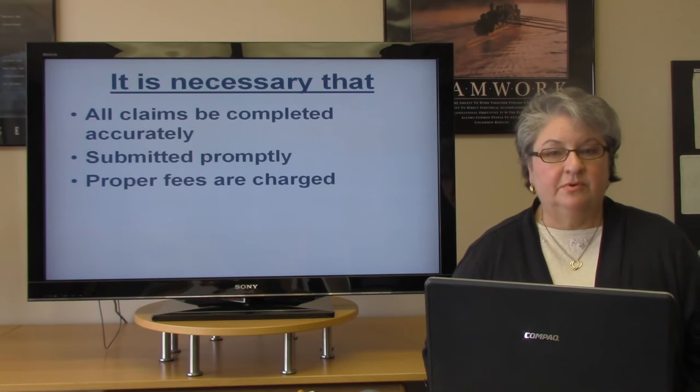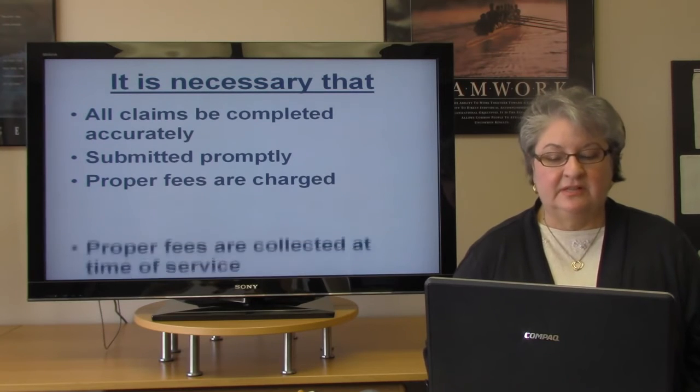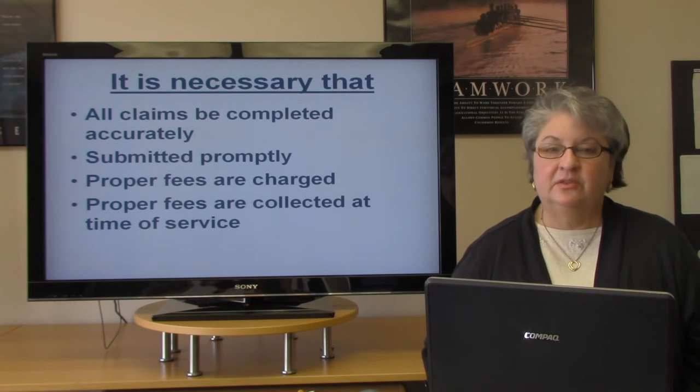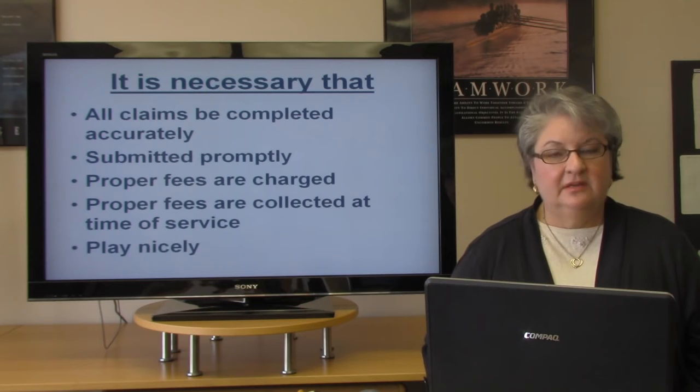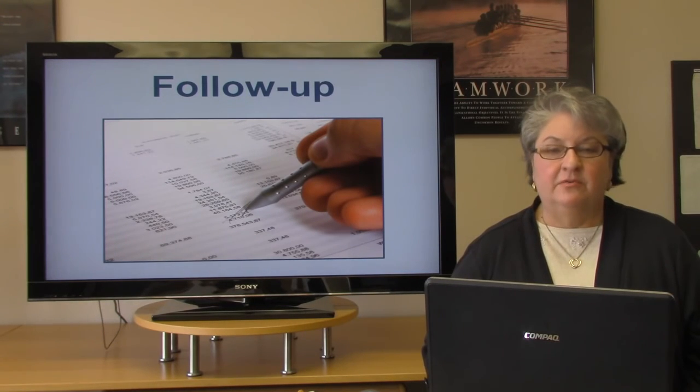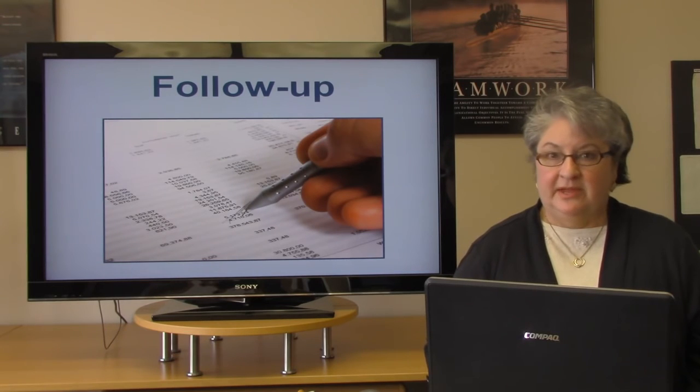Also charge the proper fees on the insurance claim and charge the proper fees to the patient and collect the proper co-payments at the time of service. Then above all, play nicely when dealing with the insurance company. It is necessary to have a firm follow-up policy in place.